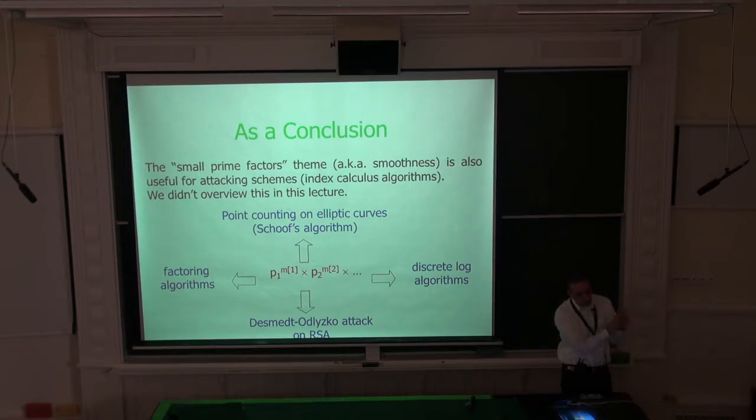There are a number of discrete log algorithms that allow you to do it. We just have to take a piece of paper and show you how knowledge of the factors of p minus 1, if they are small, can allow you to compute the discrete log. If p minus 1 is smooth, I can show you how you can do it very easily.